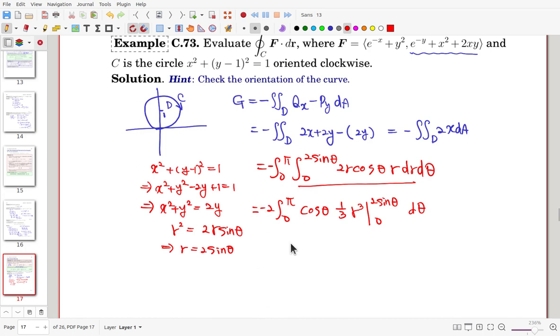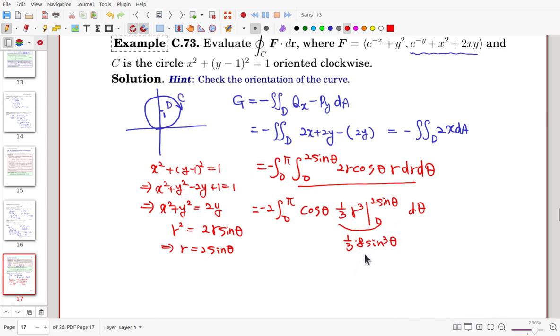Now let's try to simplify. If we evaluate that one, then 1/3 and we have 8 sine cubed theta, right?